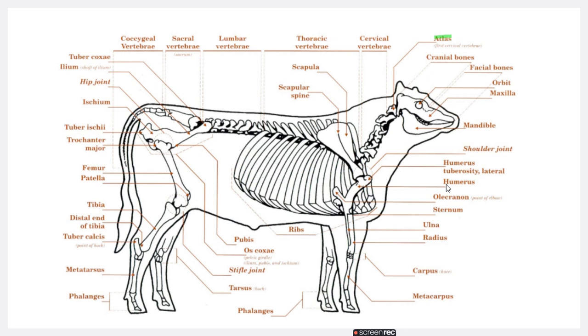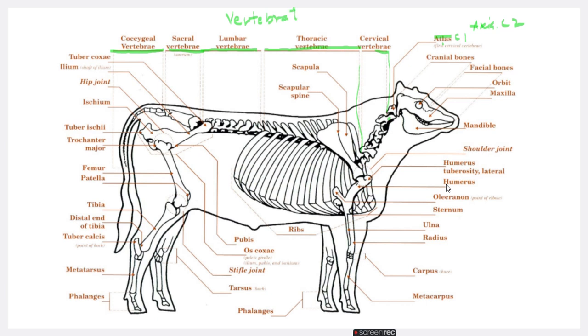Atlas is the first cervical vertebra, C1, and the second cervical vertebra is known as the axis, C2. This whole region is the cervical vertebrae. After the cervical vertebrae come the thoracic vertebrae, the lumbar vertebrae, the sacral vertebrae, and the coccygeal vertebrae. These are all included in the vertebral section, but their names are different because of their position.